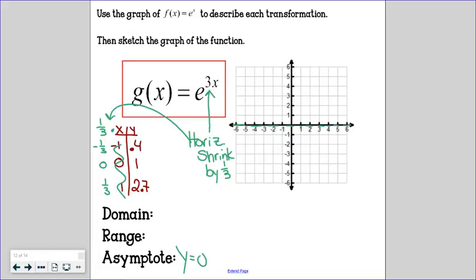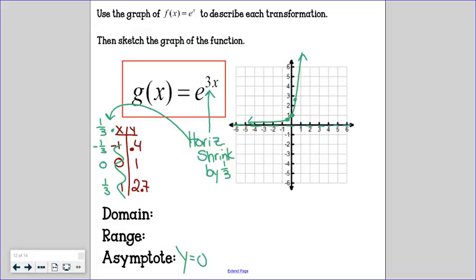Graph the points. Now these are all going to be very approximate. -1, 1/3 of 0.4, somewhere in there. Then 0, 1, and then 1, 1/3 of 2.7, somewhere up there. It's going to slide along my asymptote and then get really big really fast.